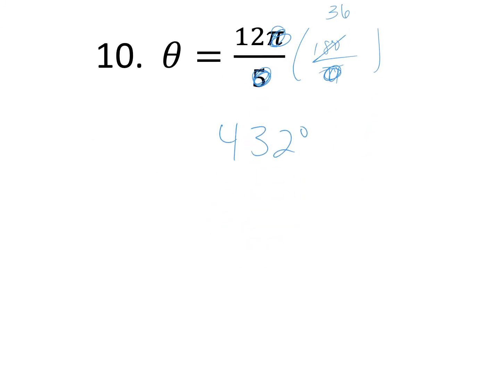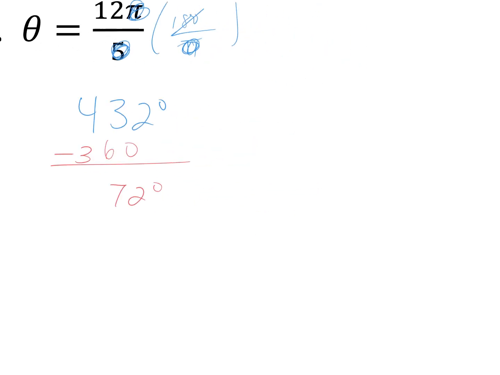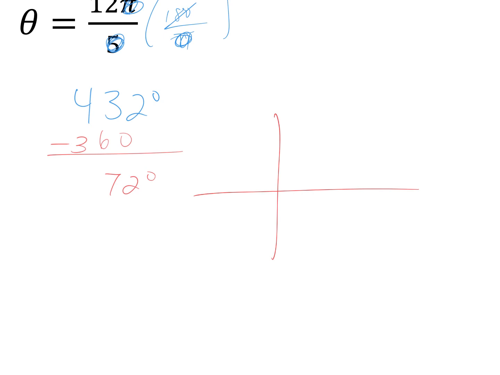What's the problem? It's greater than 360. So let's subtract one whole circle and figure out what we're talking about. What does that give me? 72 degrees. The angle that we are talking about is in which quadrant? It's in quadrant 1. What do you know about quadrant 1? The angle given is the reference angle itself.